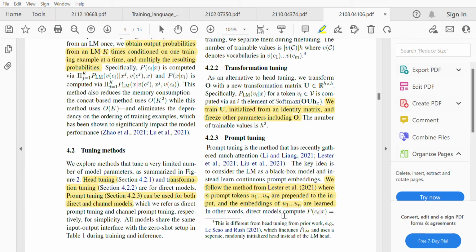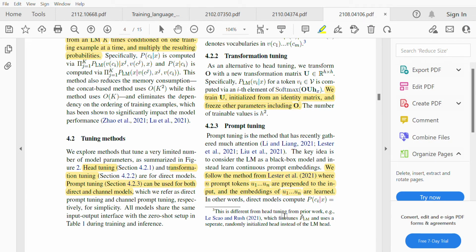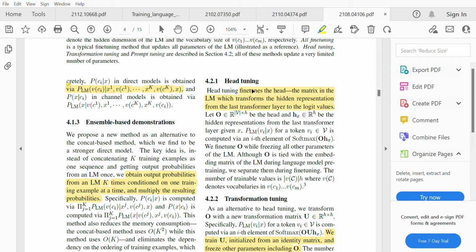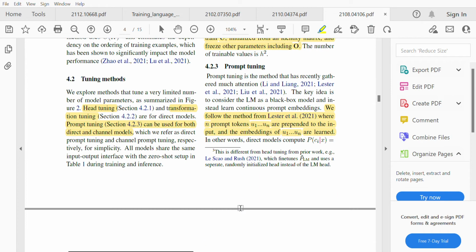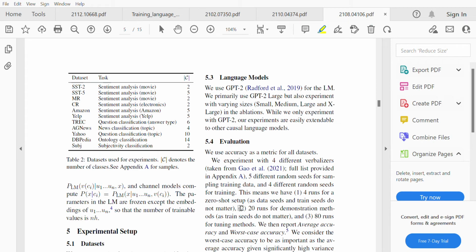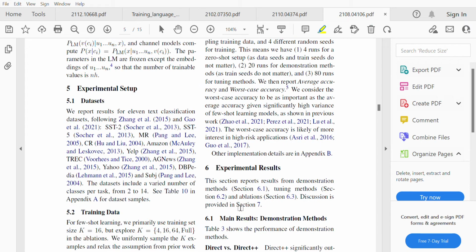And lastly we have our favorite, prompt tuning, where they're following Lester's method of taking the prompt at the very input of the sentence. It should be noted that head tuning and transformation tuning are somewhat closer to what is going on in Li and Liang, which has some interesting findings there.